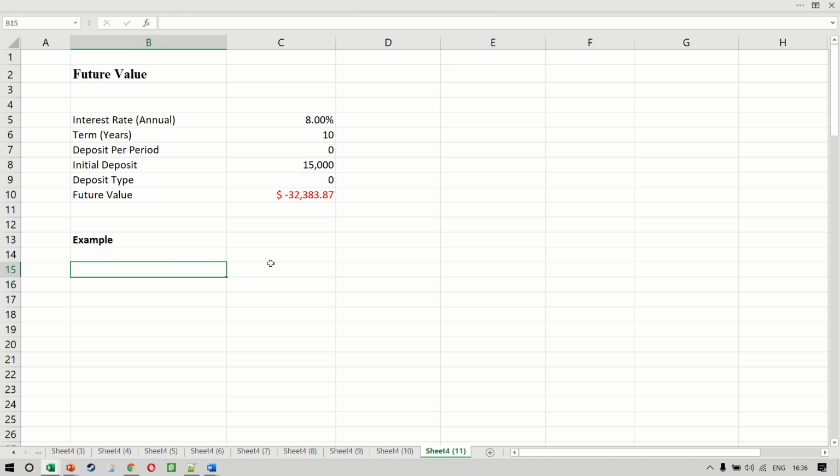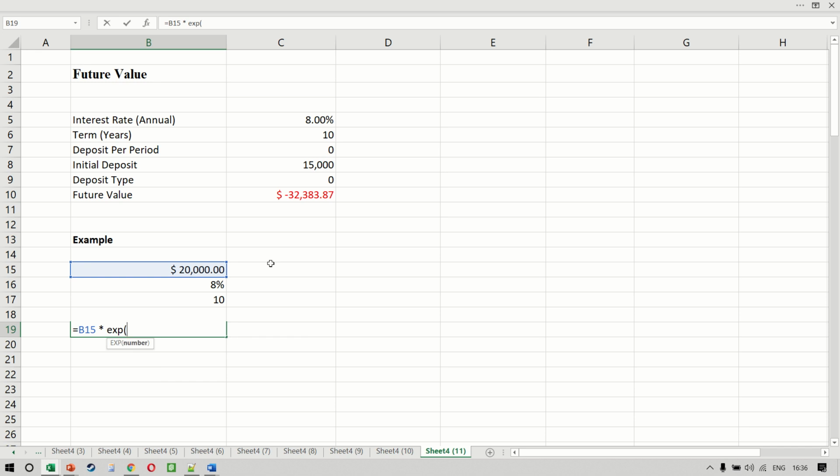Let's say the formula wants to calculate the future value of $20,000 invested at 8% over 10 years, and this is compounded continuously, right? So the formula here would be my present value multiplied by exponential, which is e raised to the power of a given number.